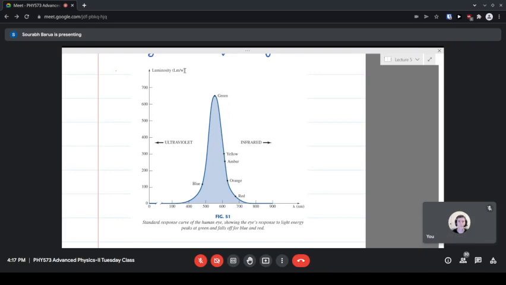Do you know the equivalence relation between lumen and watt? One lumen is roughly 1.5 into 10 to the power minus 3 watt, a very small unit of power.